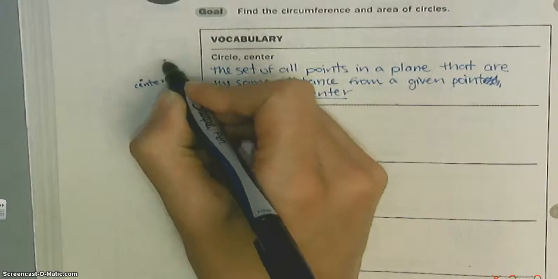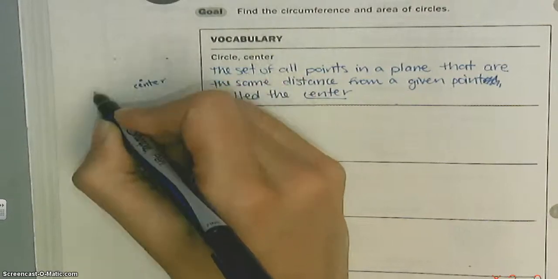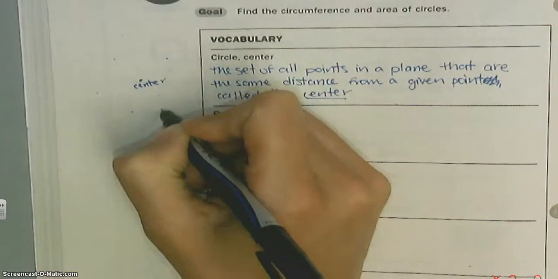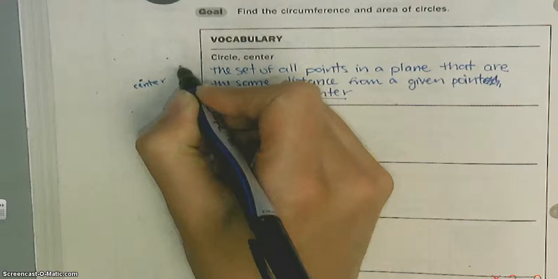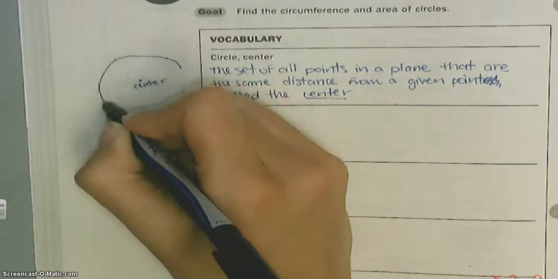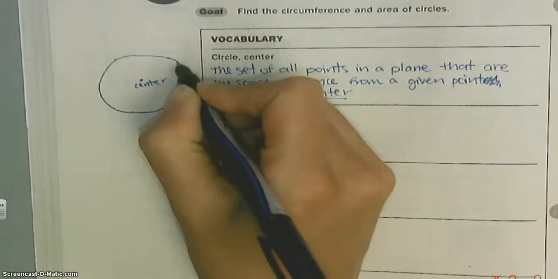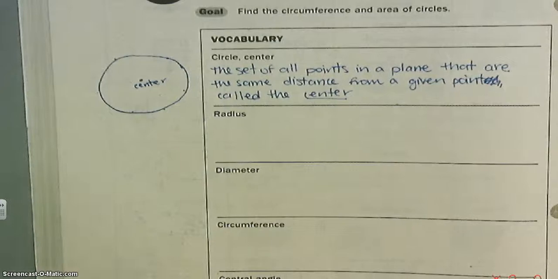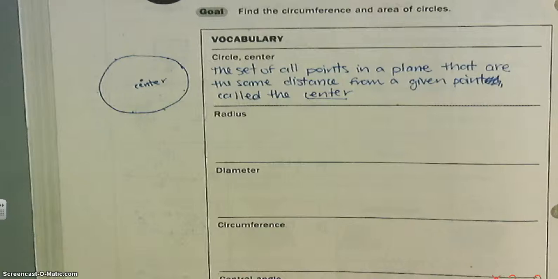If I go out the same distance in all directions, I end up with a circle. Not my best circle, but you get the idea. The radius is the distance from the center to a point on the circle.